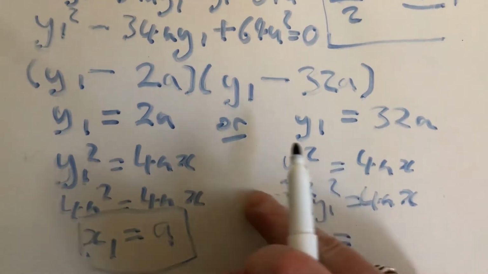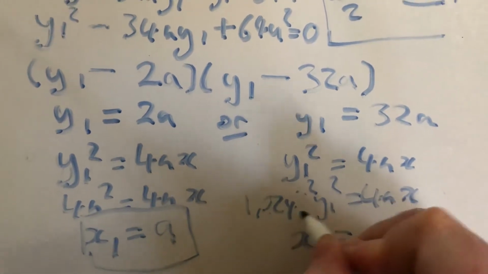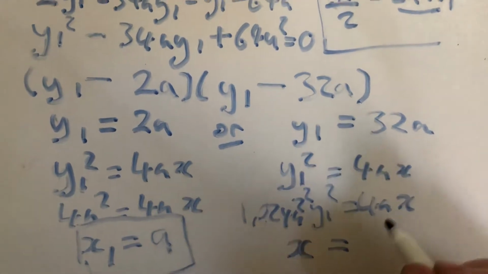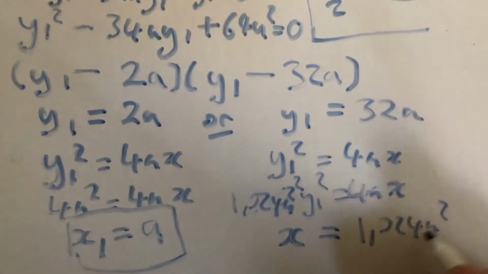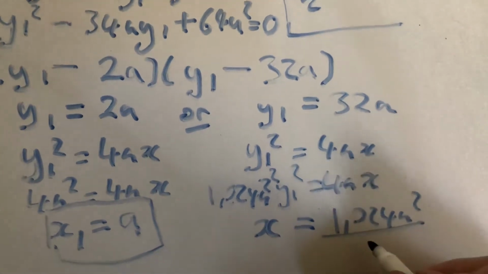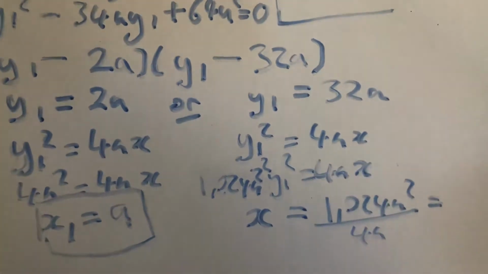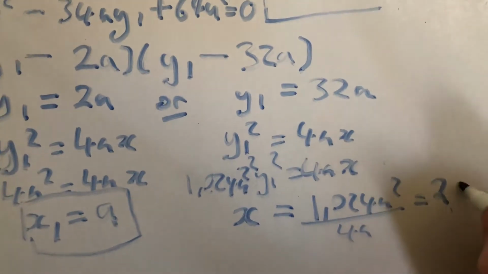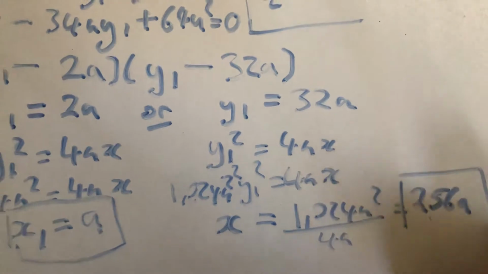Oh, that's really messy, isn't it? Sorry about that. So we've got 1024a squared over 4a, which is equal to 256a. So that's our x1.